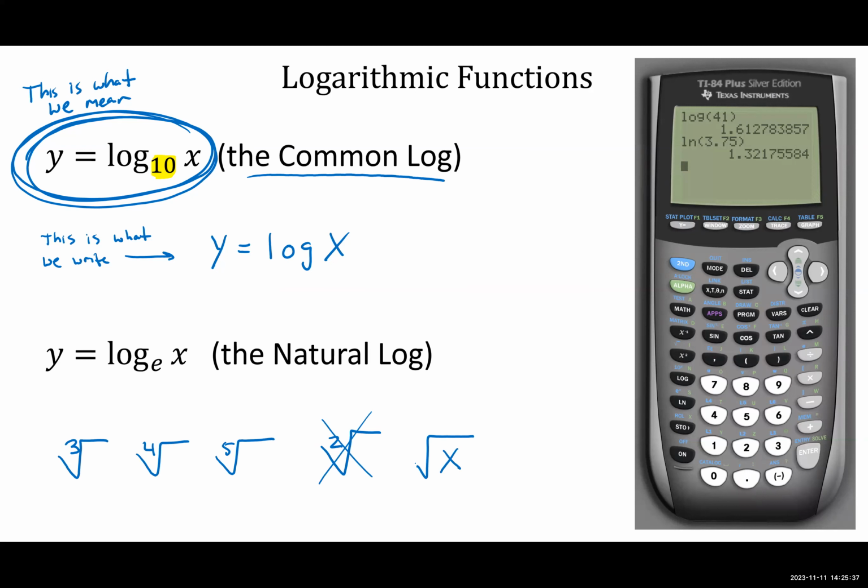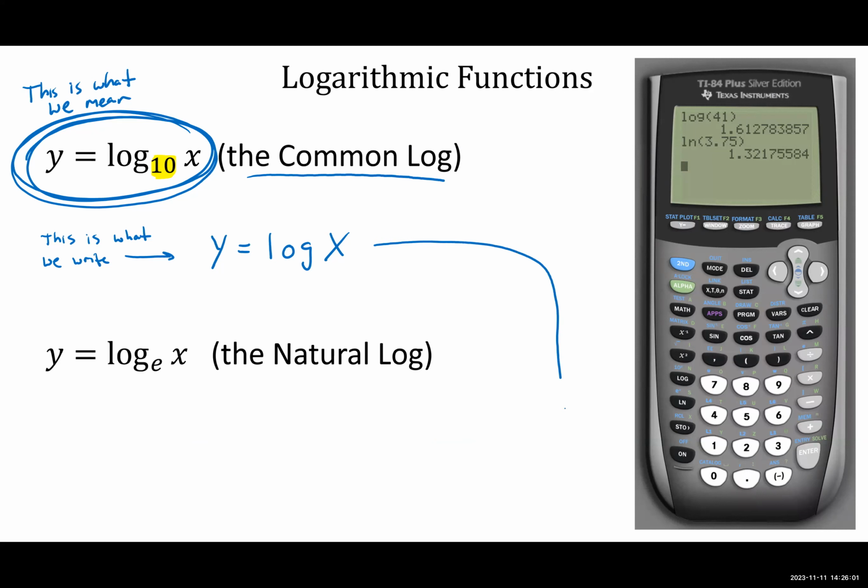And when you see this symbol, the square root symbol with no degree, you know there's a 2 right there. But we drop the 2 because that's the most common degree. So same thing with the logarithm. We call this the common log. And it turns out it's so common.